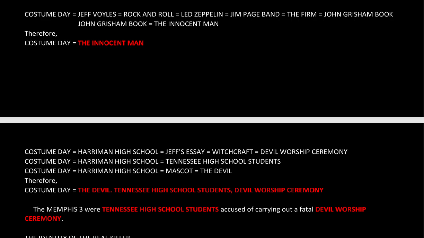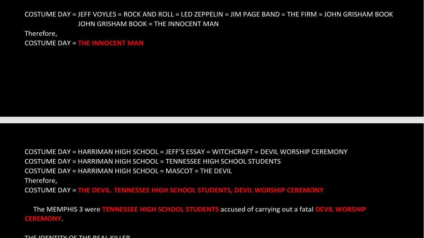So from the 10th and 11th grade costume days, I get the name Damien Eccles. Now, the person who dressed up as Gene Simmons and Damien Scott was Jeff Boyles, whose high school nickname was Rock and Roll. And from that high school nickname, we get a reference to a song played by Jimmy Page with Led Zeppelin.